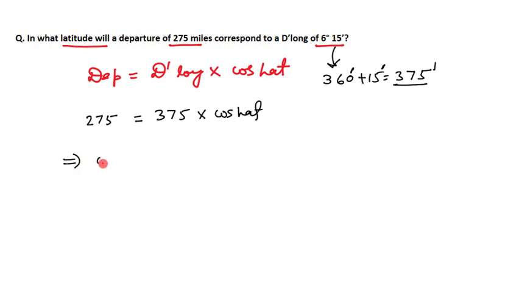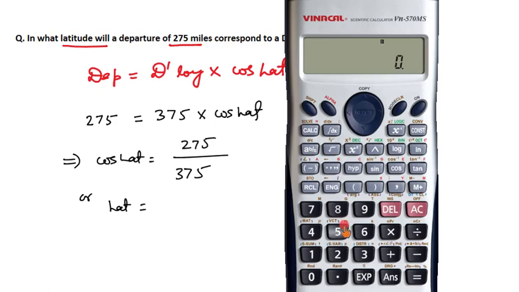So let's simplify. Cos of latitude is 275 divided by 375, or latitude is equal to, I think I have to use the calculator now, and the use of calculator is very simple. 275 divided by 375, we get this value 0.7.